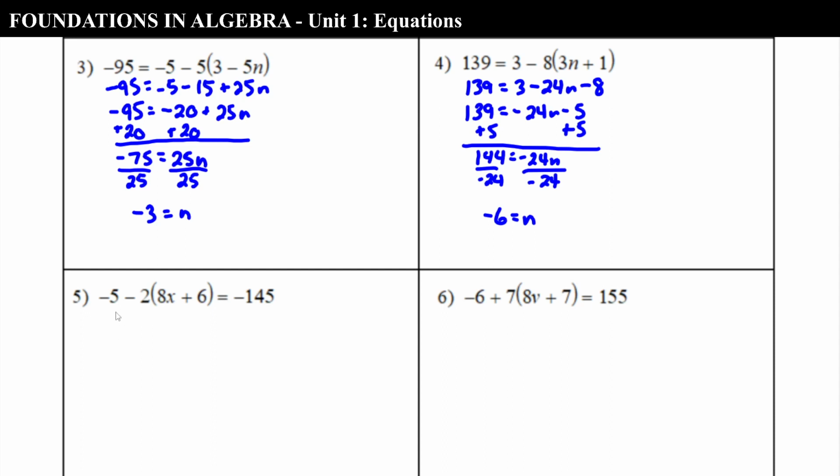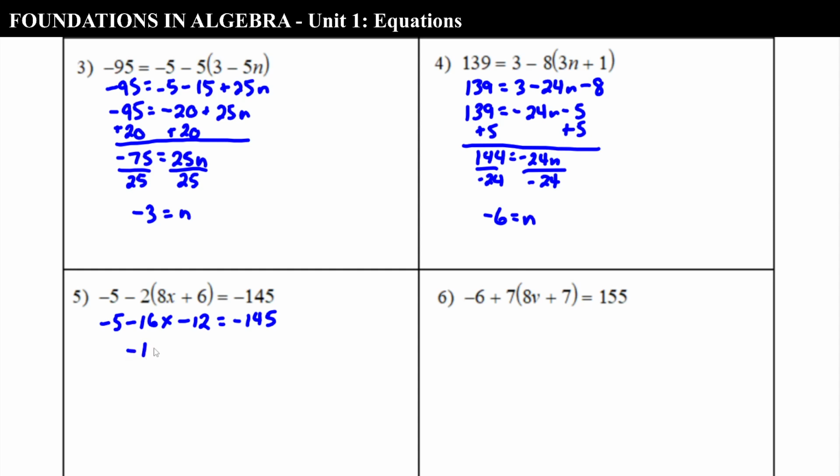All right, for number 5, we have negative 5 minus negative 2 times 8x plus 6. So the negative 5 isn't part of this, but we do distribute the other parts. So negative 2 times 8 gives us negative 16x. Negative 2 times 6 gives us negative 12. Now we're going to combine our like terms. Negative 5 minus another 12.